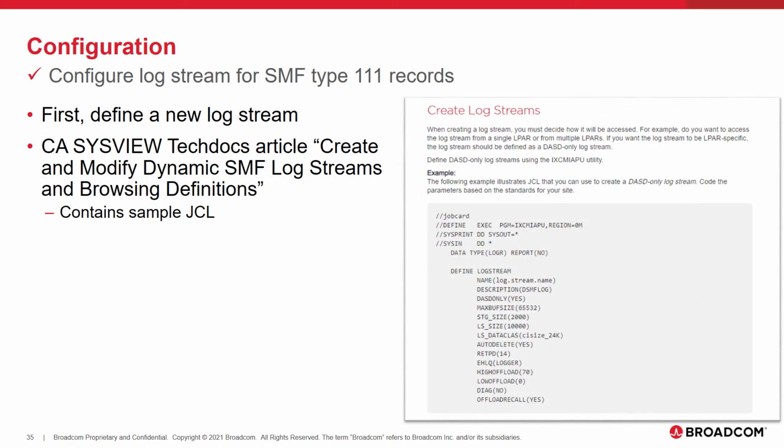The first step in using DSLB is either to define a new log stream or possibly use an existing one. There exists an article on our TechDoc site titled Create and Modify Dynamic SMF Log Streams and Browsing Definitions that contains sample JCL for defining log streams.